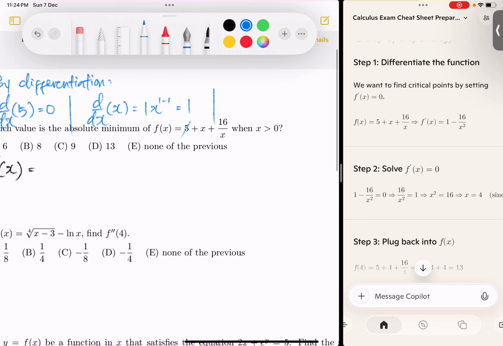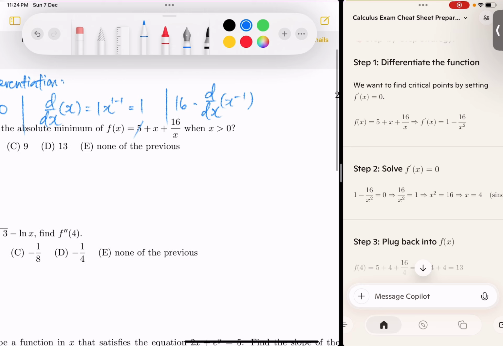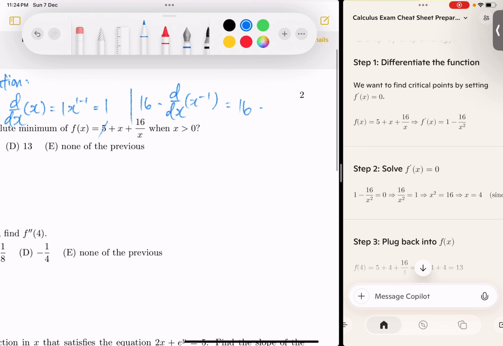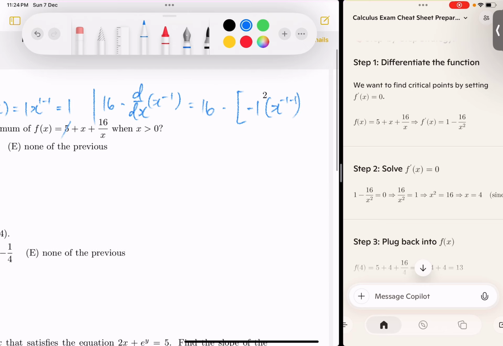And then lastly we're going to have 16 times d over dx of x to the negative 1, remember, and then it will be negative 16. Okay, sorry, let's do it slowly. 16 times negative 1, x to the negative 1 minus 1 will become negative 2.